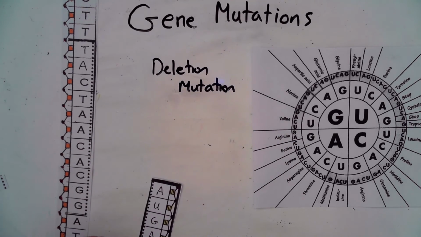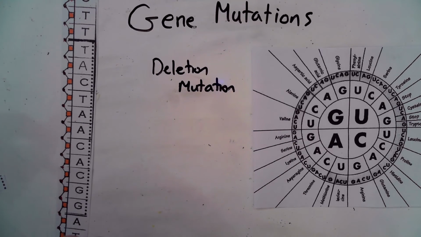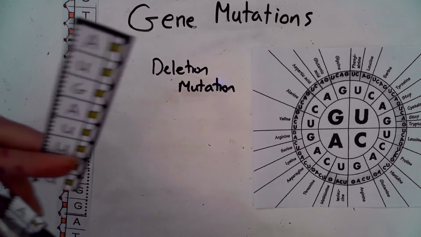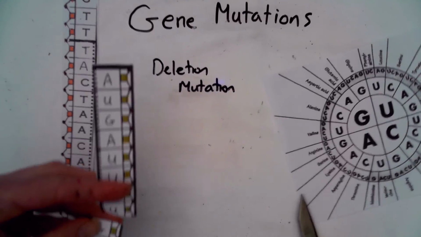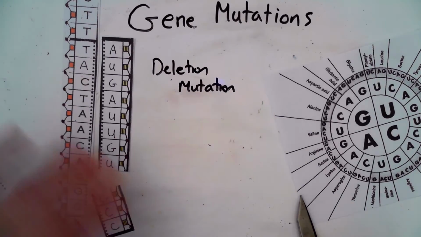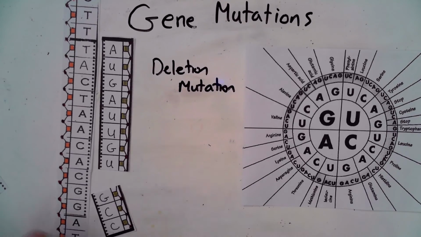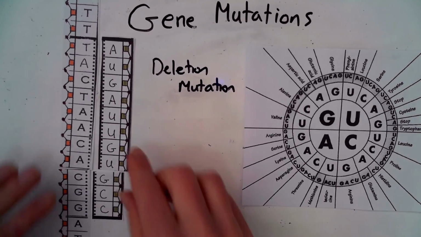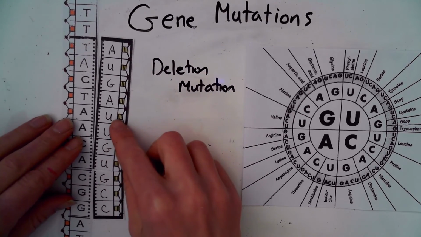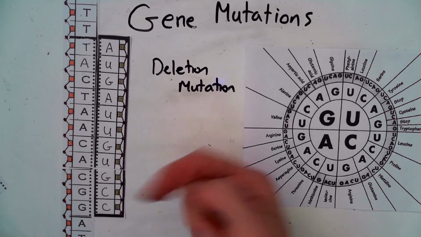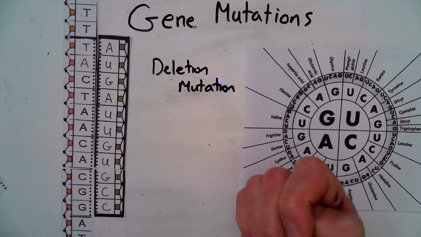Instead, we're going to have to cut out a section of the mRNA for it to replicate what would really be produced. Okay, so the mRNA is now shorter by one.